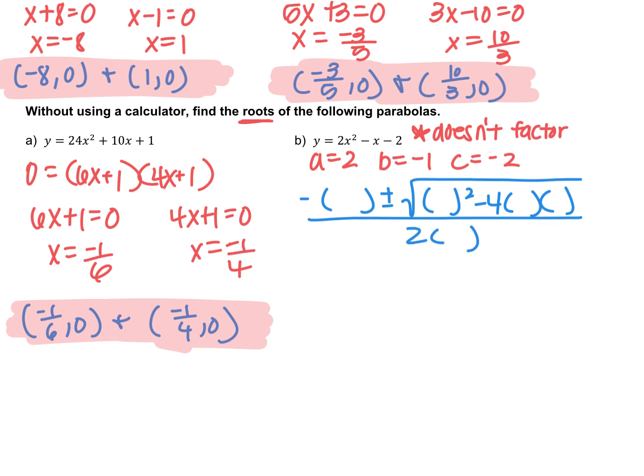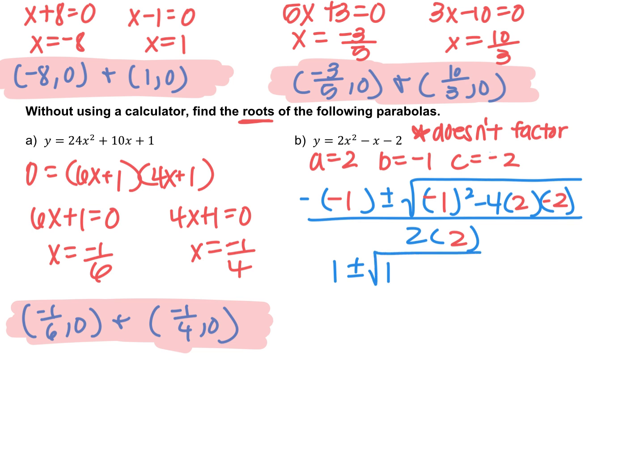Don't forget your plus minus. Okay, how do I fill in? What do I use? You use the A, B, and C. So the double negative becomes positive, and then 1.